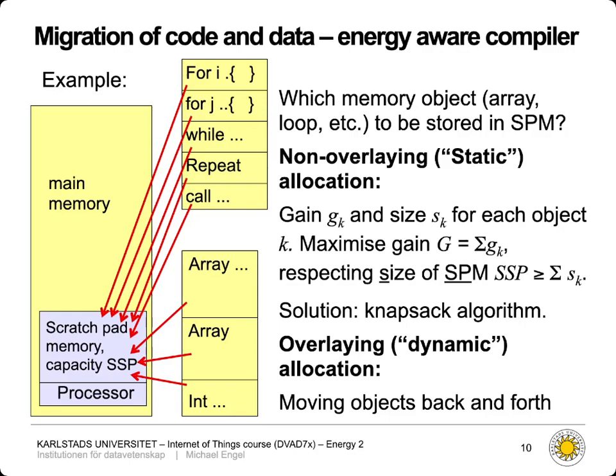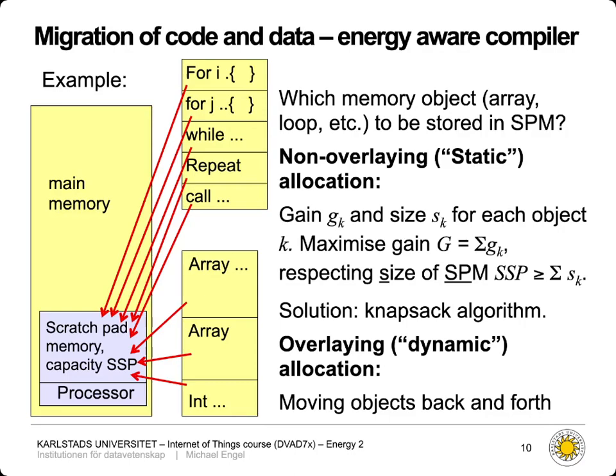One of these was developed in the group I was working in 10 years ago at Dortmund University. We have a small scratchpad memory, so we cannot store all instructions and all data of our program in it. So we have to select which parts of the code and data are stored in scratchpad memory and which remain in main memory.